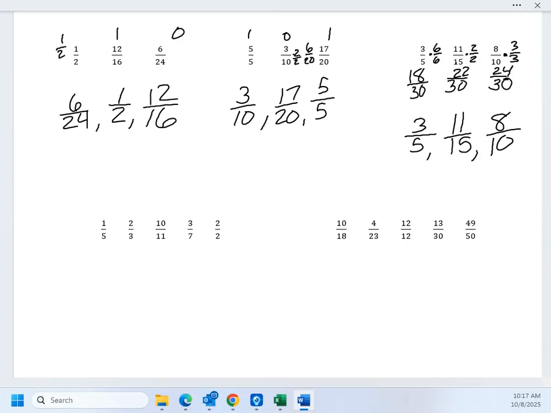So my final answer is going to be the original fractions put in order. But when you're showing your work, notice how I'm putting those changed fractions directly under the one that it connects to, so I know which fraction to put in the order line. Any questions?